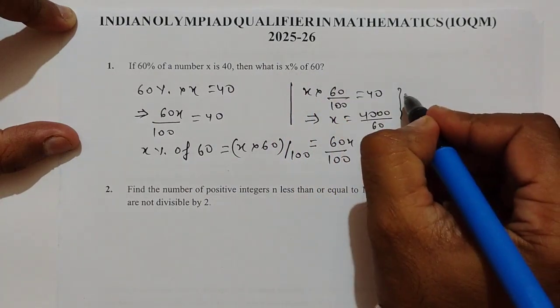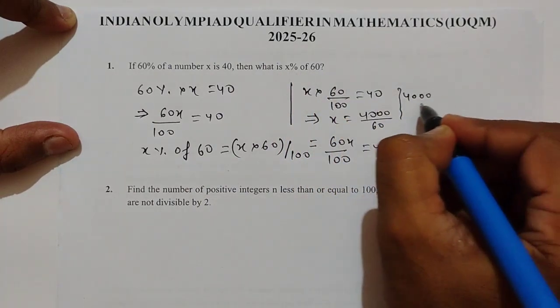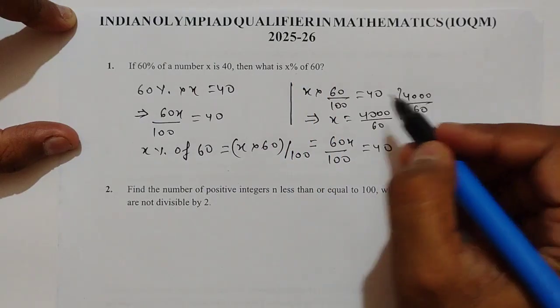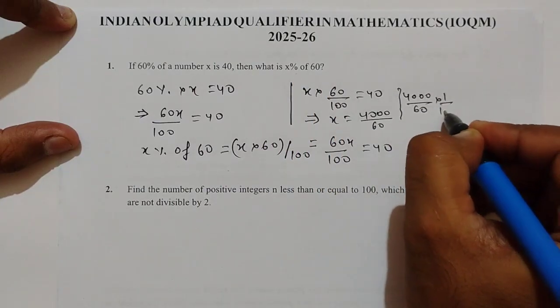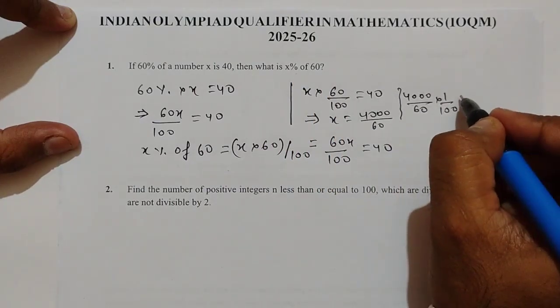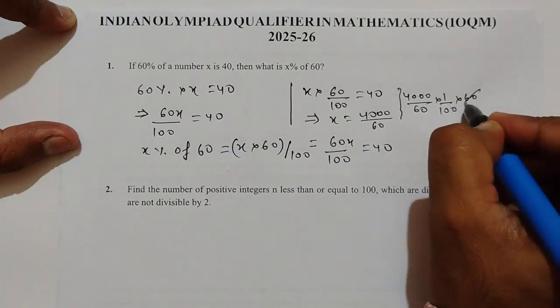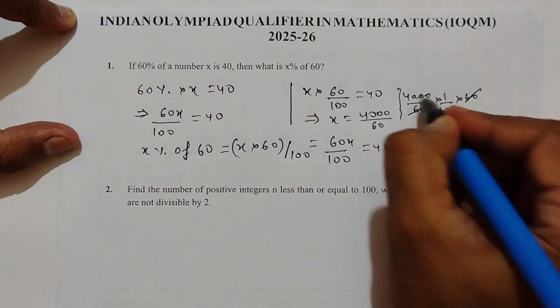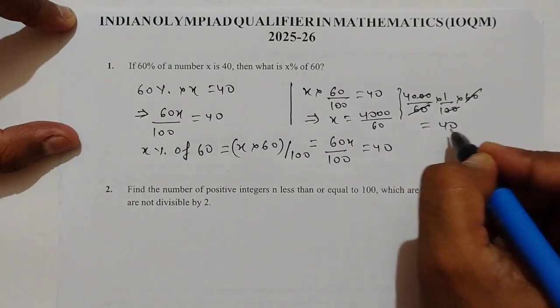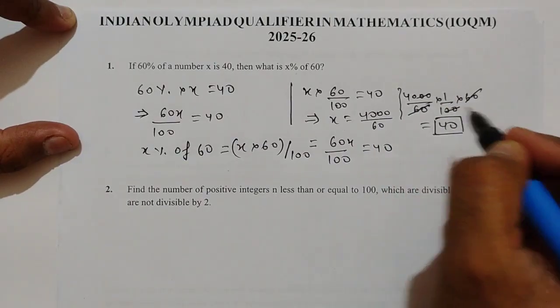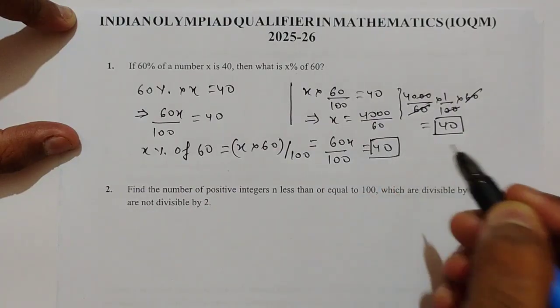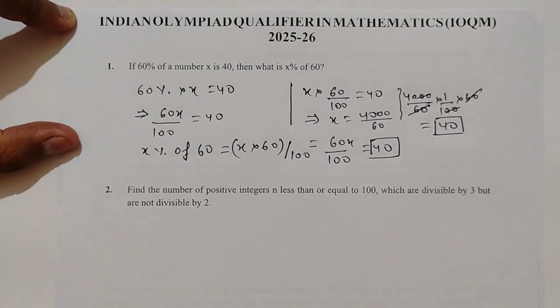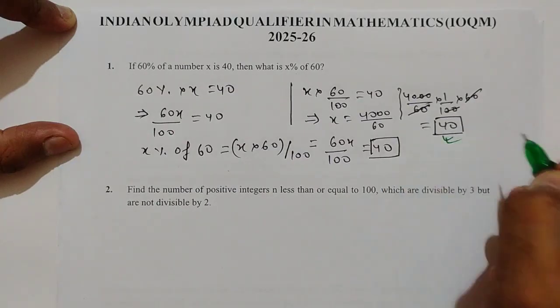So x percent of 60 means the 60 will cancel out, and we have the result as 40. So we have two methods for this, and the solution will be 40.